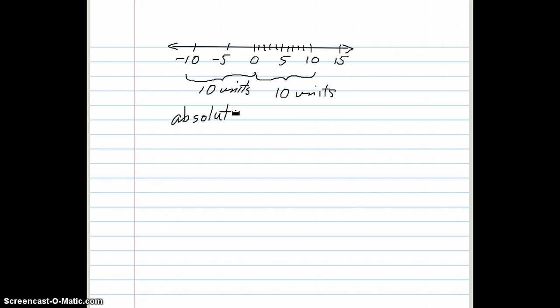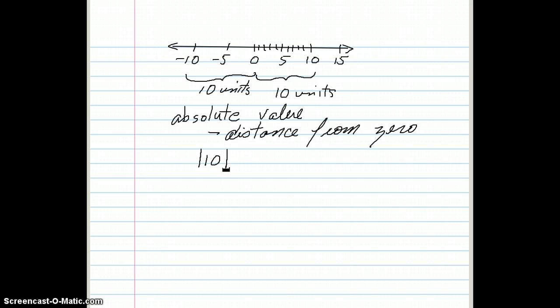Absolute value is what we use just for the distance from 0. From 0 is important. So that means the distance, say from 0 to 10, would be 10 units.